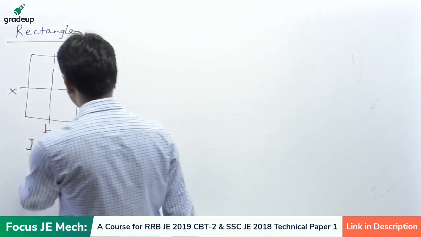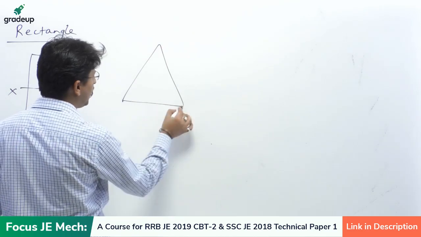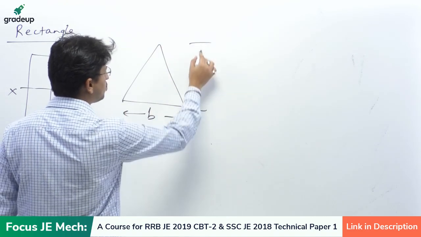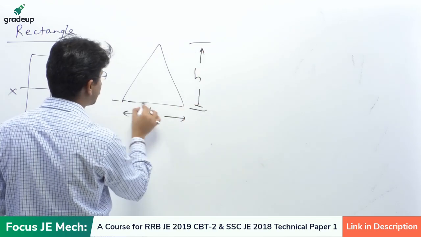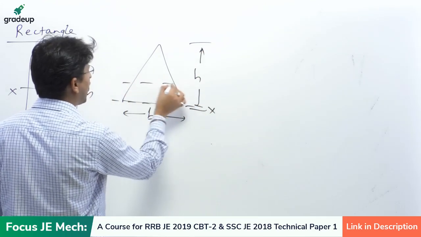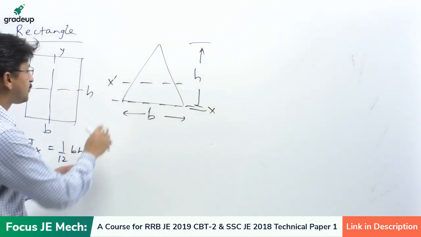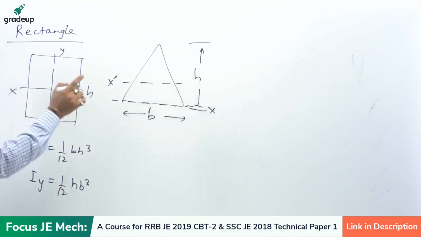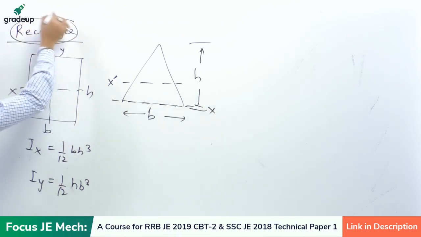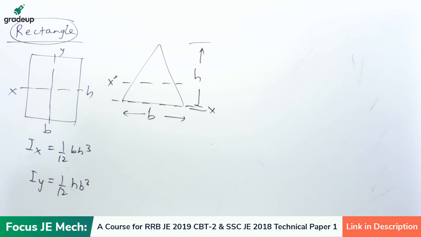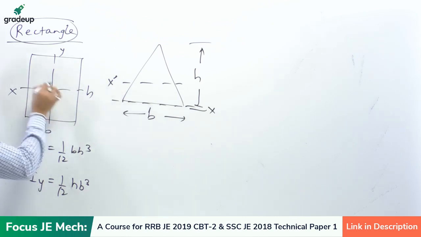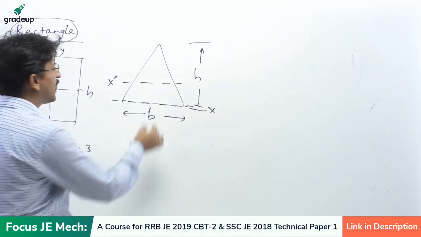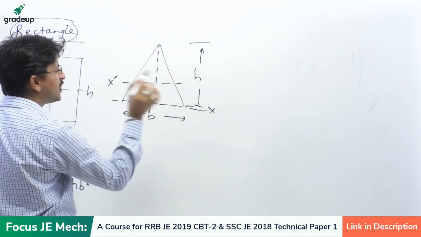Clear? Now if I take any triangle, with height H, there are two axes. In the case of a rectangle, since it's a regular body, its centroid lies at its geometrical center, whereas in the case of a triangle, its centroid does not lie at its geometrical center.